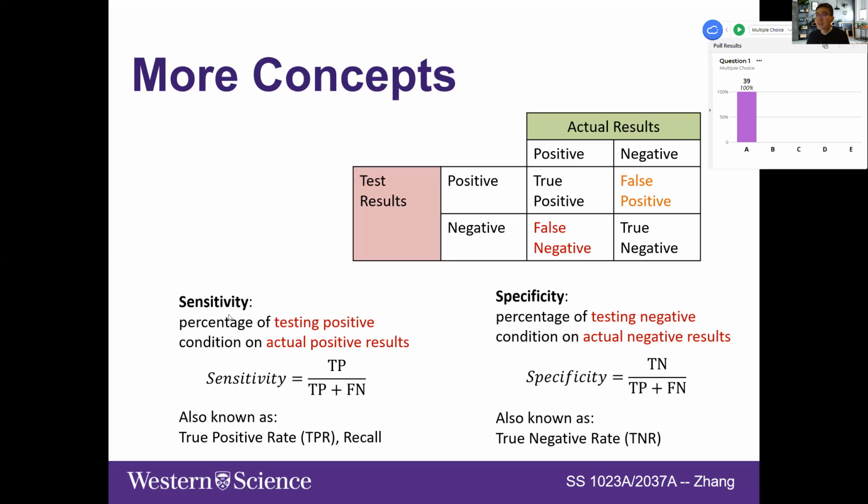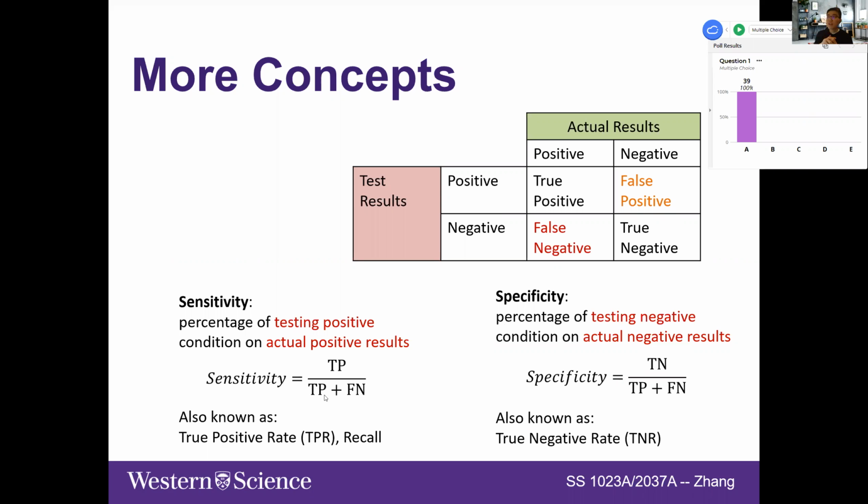When we define sensitivity, our event is testing positive and our condition is the actual positive results. So if we look at the conditional distribution, we look at the first column, and because we are talking about the event of positive, we look at the percentage of this cell among this column. That's why the sensitivity is calculated by the true positive divided by the true positive plus the false negative.